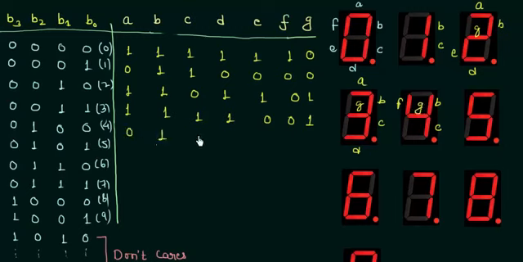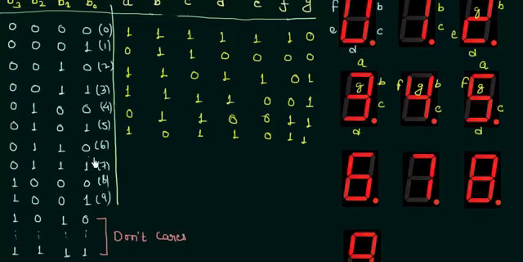So B, C, F, G are high, and the rest of them are 0. Similarly for number 5, we have A, C, D, F and G as high, and the rest of them are 0.